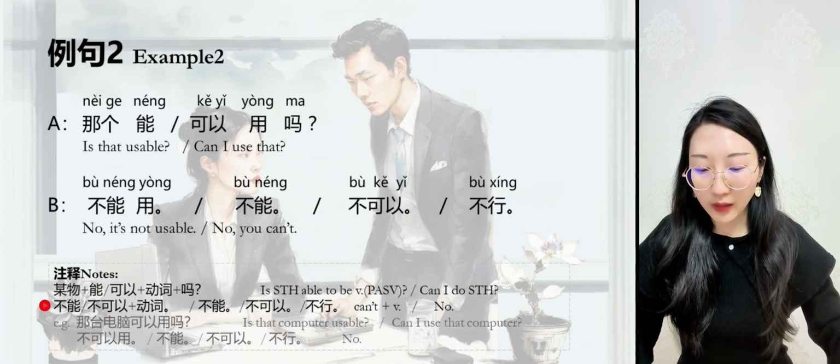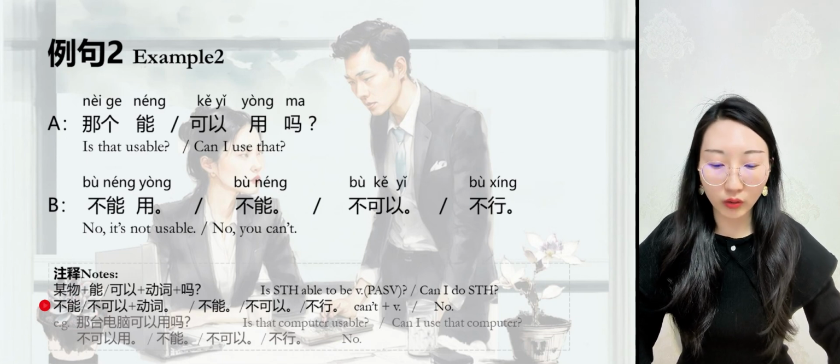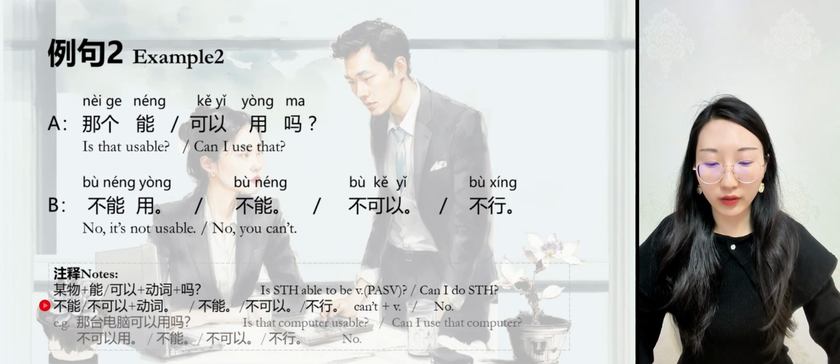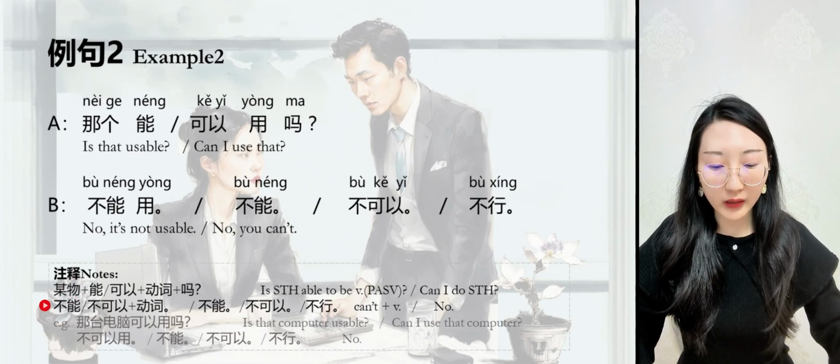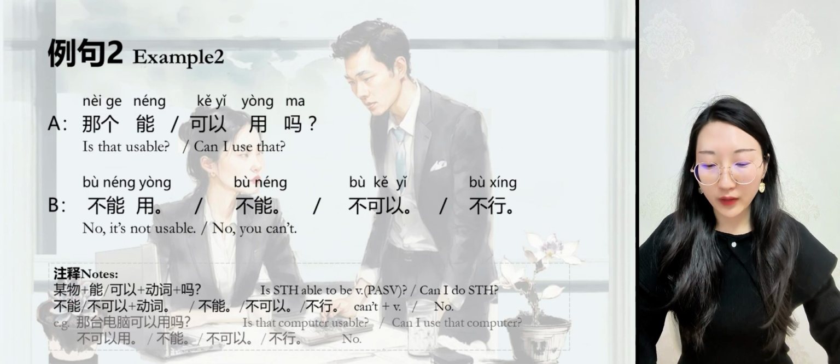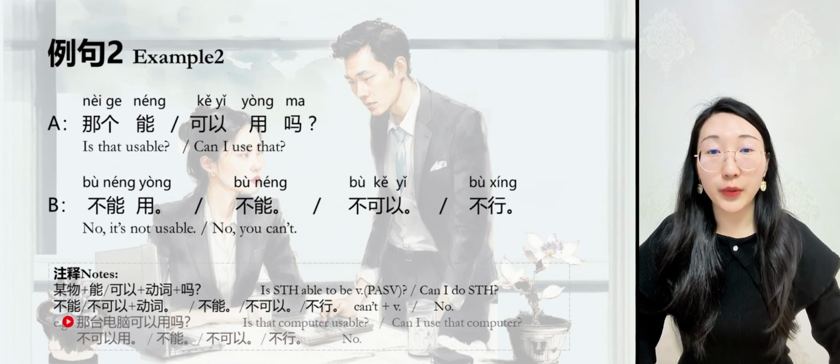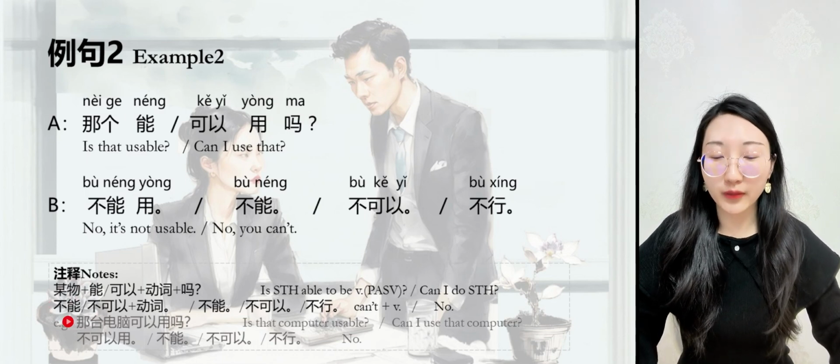Together it's 不能动词, 不可以动词, or you can just shorten it to 不能, 不可以, 不行, no. For example, is that computer usable or can I use that computer?